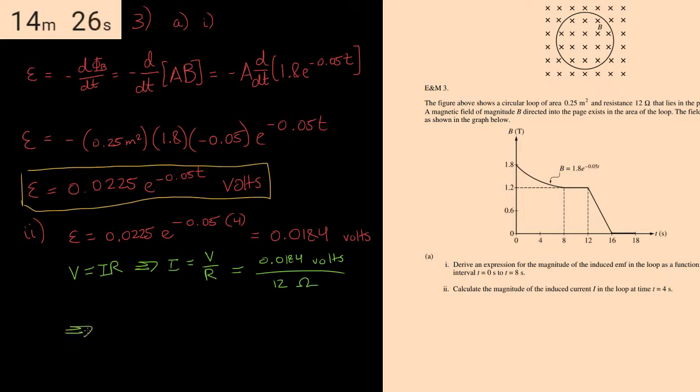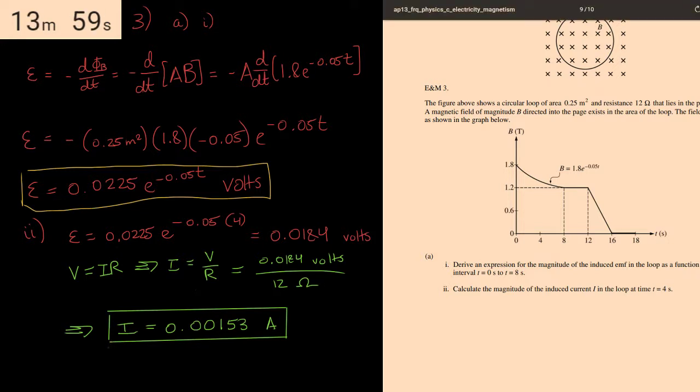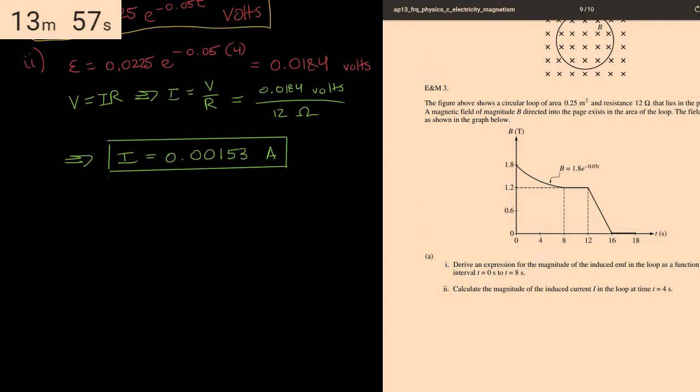And so our final answer after reading the question is this over 12, otherwise known as 0.00153 amps. Let's box this guy up. Oh yeah. Let's move right along.